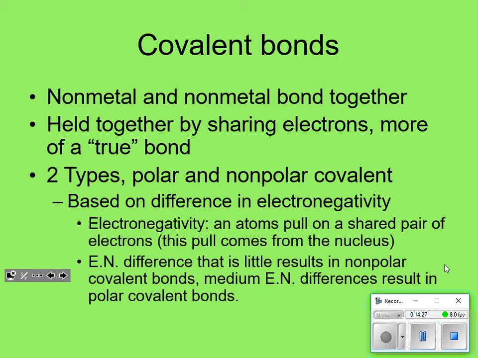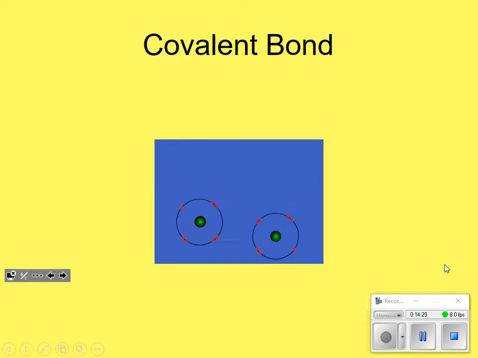So we can take a break from writing and just look up at the screen. Again, it will start over, although it doesn't say instant replay like the last one did. Notice how I have two individual atoms bouncing around. Again, if you focus on one of them, at the start they have 7 outer electrons.